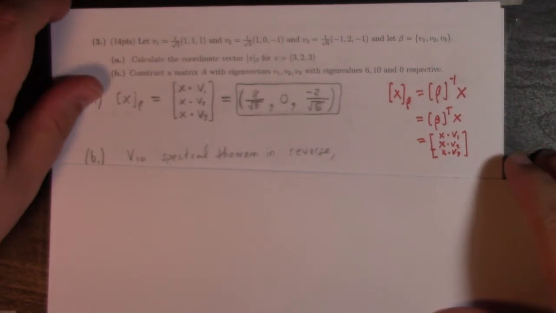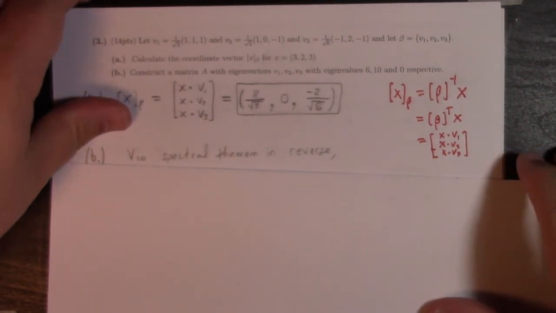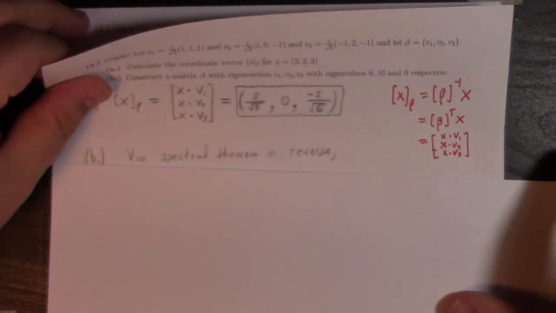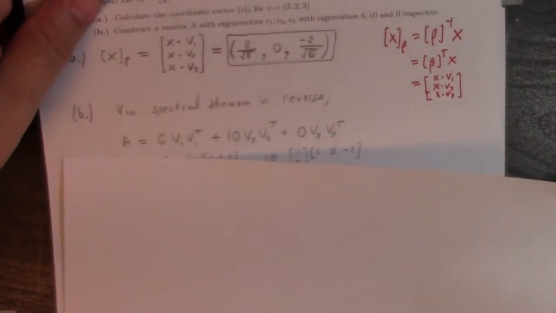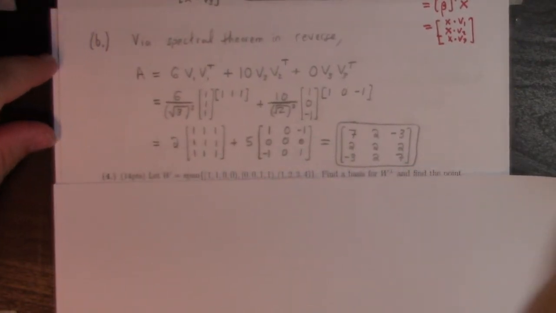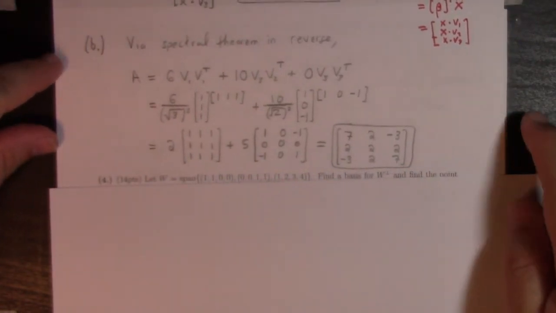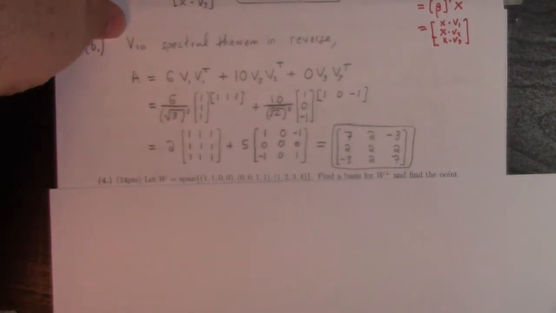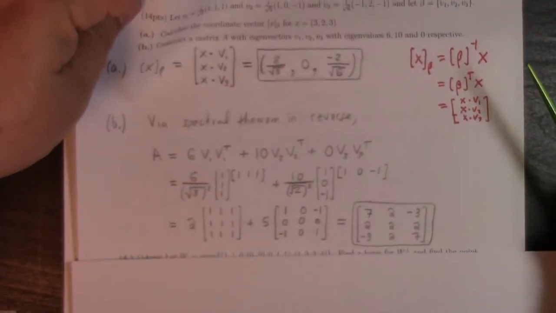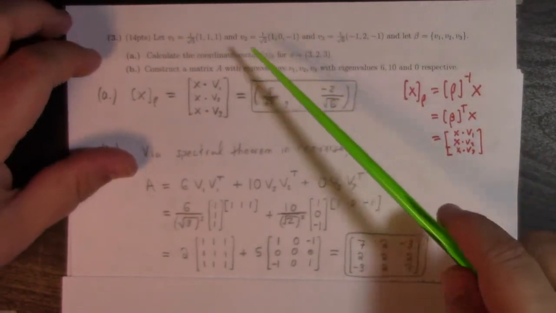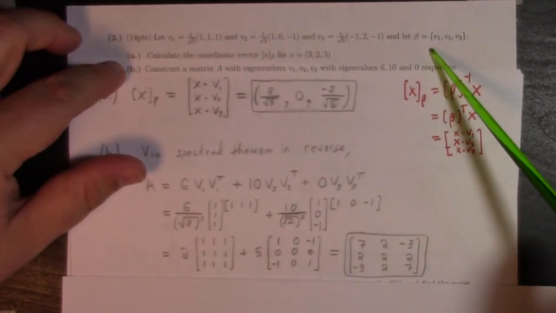The spectral theorem in reverse, this was an example we did in class. I showed you guys we can build a matrix with eigenvalues of our choosing, given an orthonormal basis of our choosing. I guess if I have any regret here, if I wanted to remove any excuse you had in this problem to not get it, maybe I should have made the preamble to part A, is beta a special kind of basis?